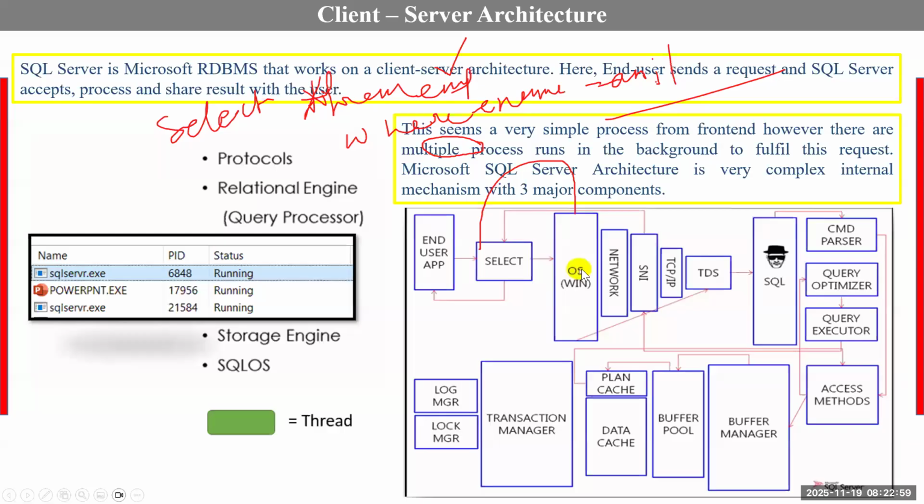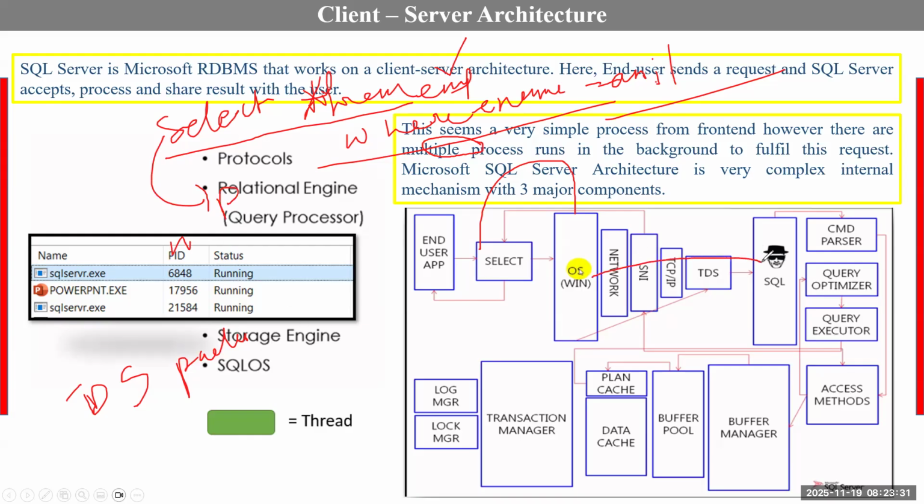Via the network, the protocol layer connects to SQL in the form of TDS packets. You can call them network packets. For your understanding, it is a simple select statement, but in the backend it is converted into network packets, and these network packets are transferred to the engine.